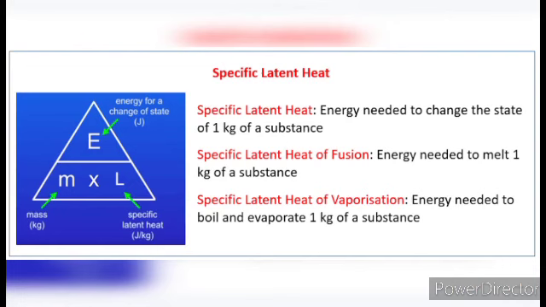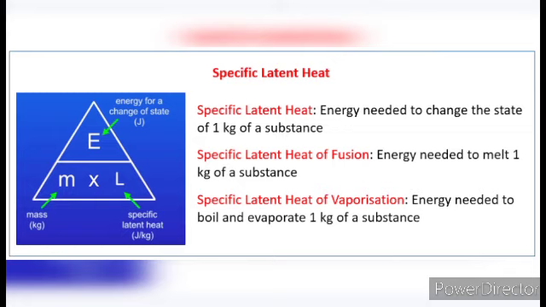Now we have latent heat and specific latent heat. The specific latent heat of a phase is the quantity of heat energy absorbed or liberated by the unit mass of the substance for the change in its phase at a constant temperature.